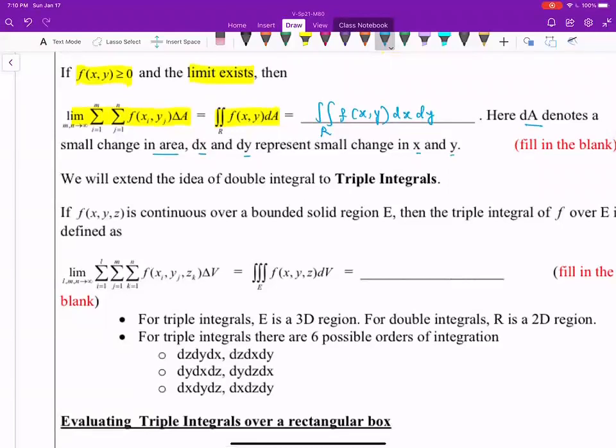How do we extend this idea of the double integral to triple integrals?